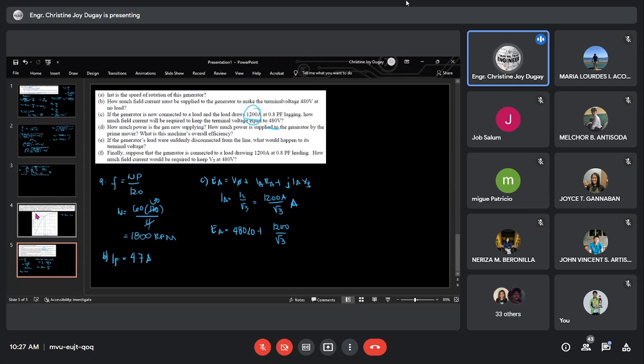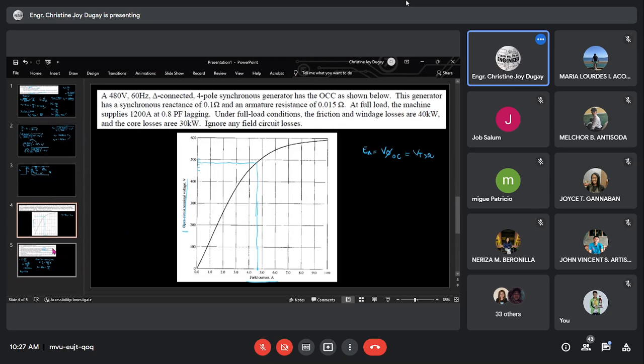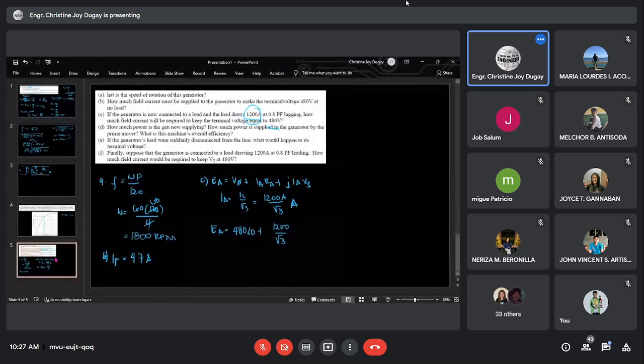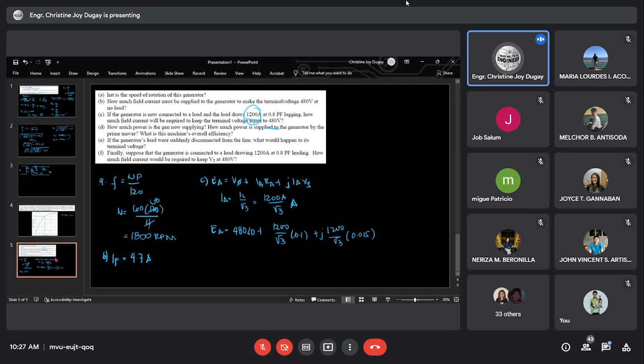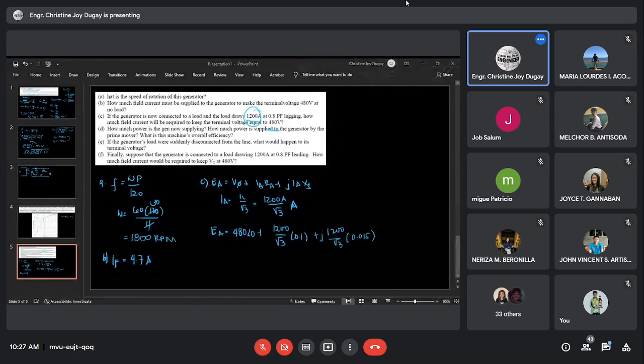So ang RA po natin, that is equal to 0.1 multiplied by 0.1 plus j po natin is 1,200 over square root of 3 ng 0.015 if I'm not mistaken. 0.015 po ba? Tama yata, no? 0.15.